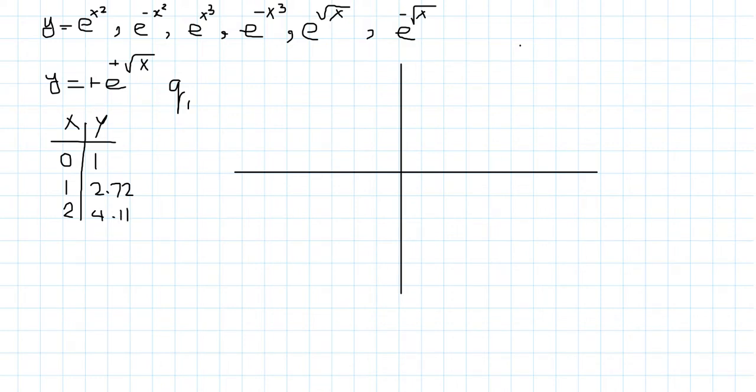Okay, now I can find this point and start. Always start from 1 if you don't have any shift on the y-axis. So if x is 0, y is 1. It is the first point. If x is 1, y is 2.72. It will be the next point. If x is 2, y is 4.11.